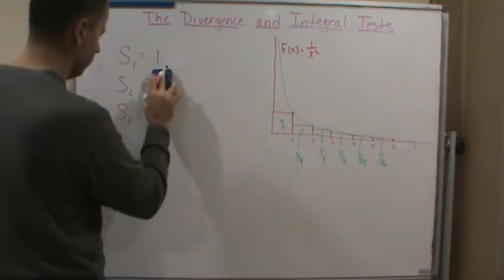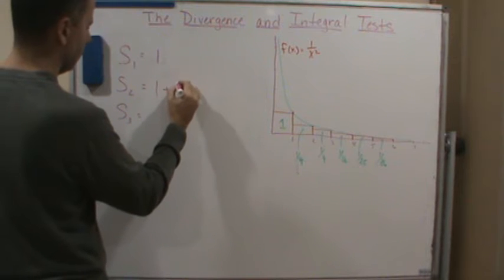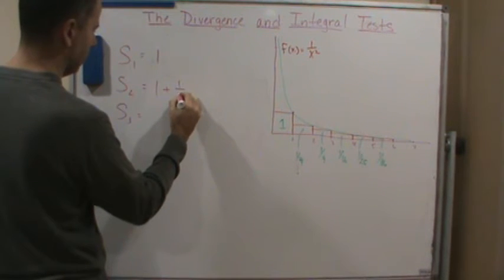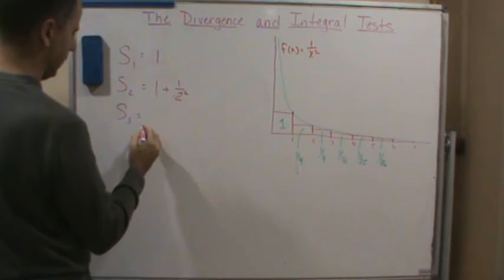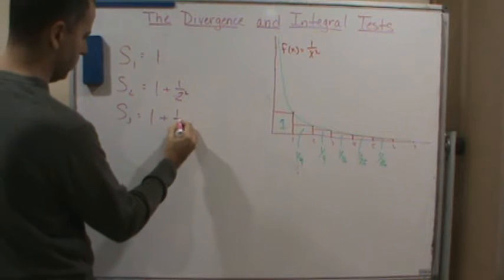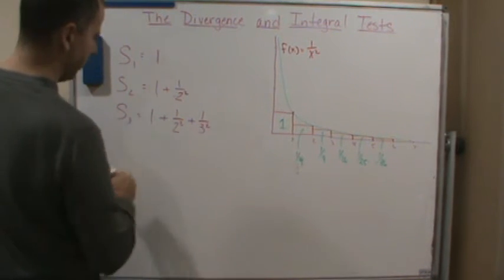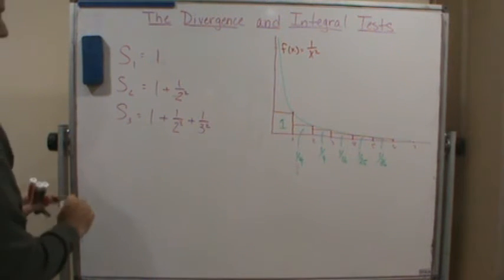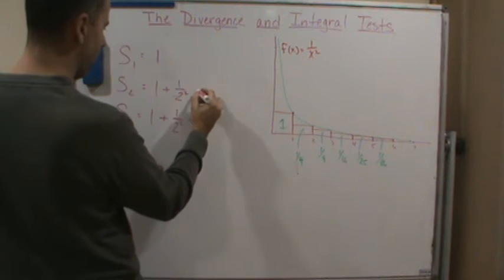Oh, hold on a second. Sorry. Keep dropping this. Okay, and then this is going to be 1 plus 1 over 2 squared plus 1 over 3 squared. Okay, but this can be written as what?